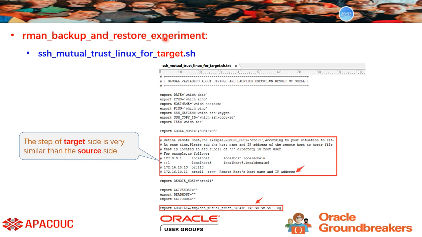I have to say the steps on the target site are very similar to the source site, and you can also see I use a special log file with the current date to save all the output information when running the first 2 SSH shell script files.